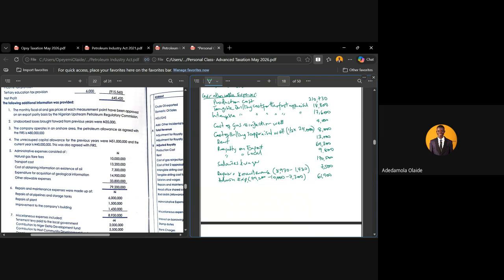Now that we are having cost of obtaining information on existence of oil, that will not be allowable. But the one they said expenditure for acquisition of geological information, that one will be allowed. Are we getting it?